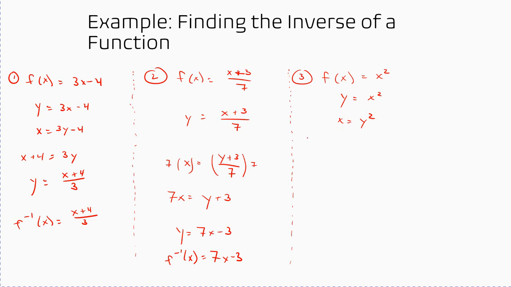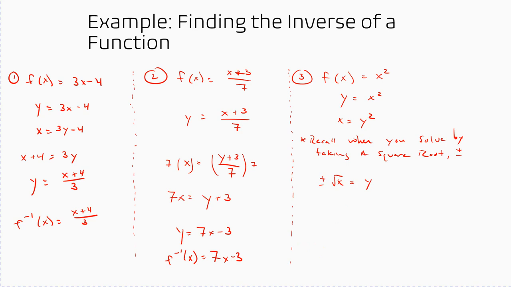Now watch what happens. So recall, when you solve by taking a square root, you get two solutions, plus minus. So you get plus minus the square root of x is equal to y.